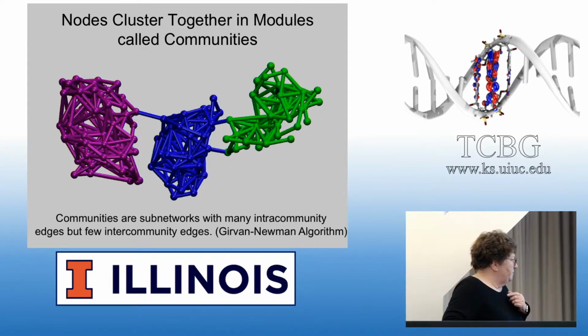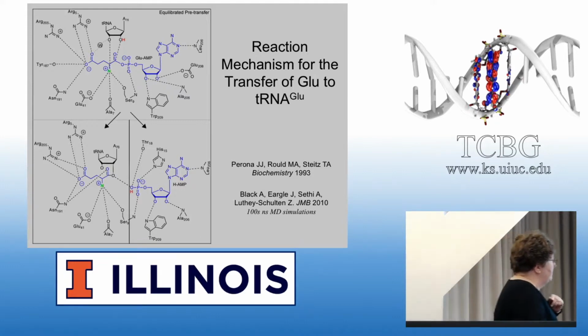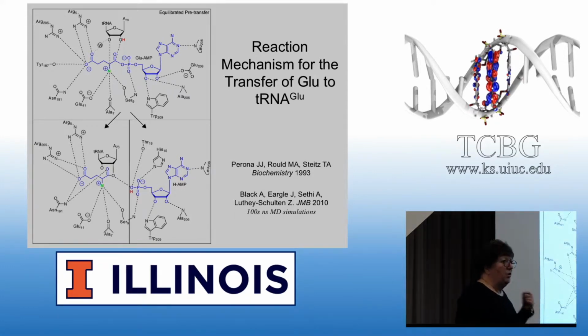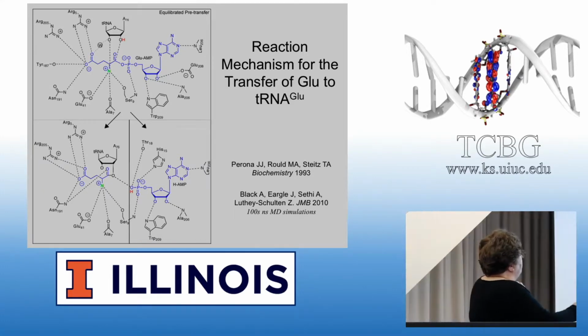All right. So now let's go over and look at this mechanism. As I said, it was initially suggested by Tom Steitz, who would go on to win the Nobel Prize for the ribosome. So we're back to the A76 on the tRNA, the end of it. We now have the adenylate in here, so you'll see there's the AMP moiety over here, and then there's the amino acid moiety over here.